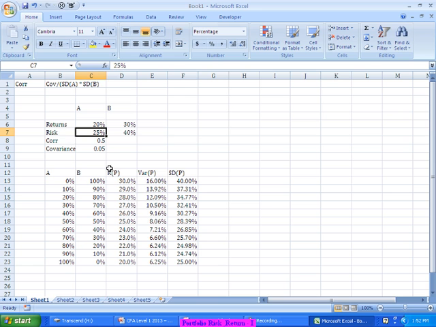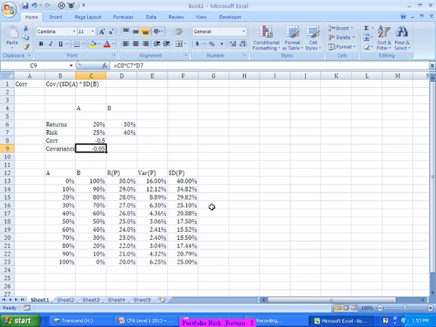If I choose securities based on the correlation, let's say between A and B the correlation is minus 0.5 instead of plus 0.5, you see, you can bring down the risk even to the extent of 15%.